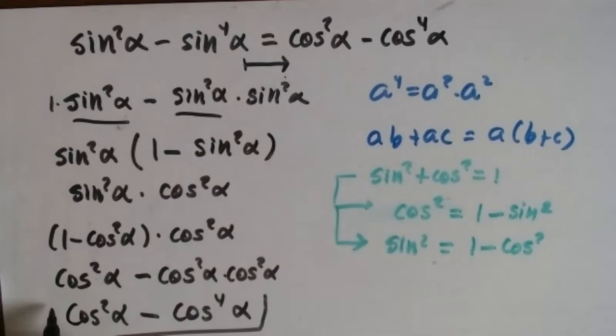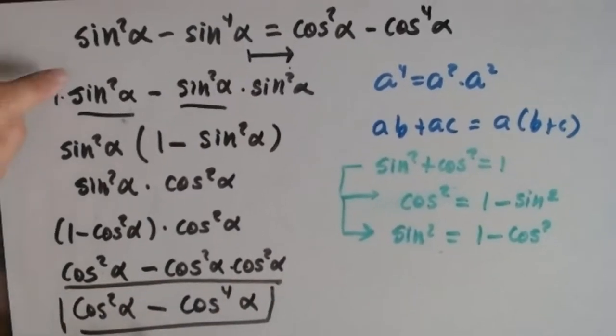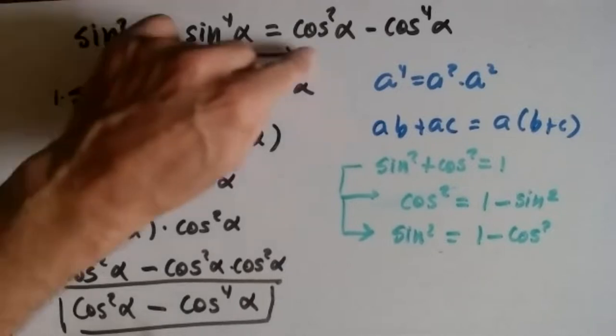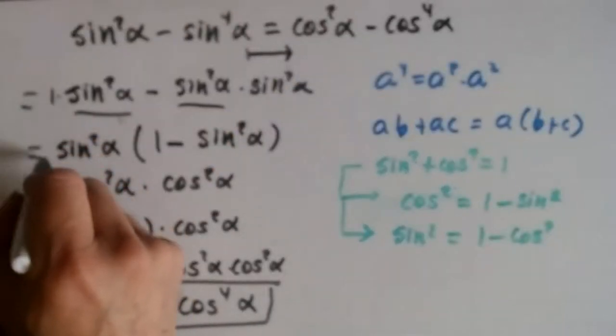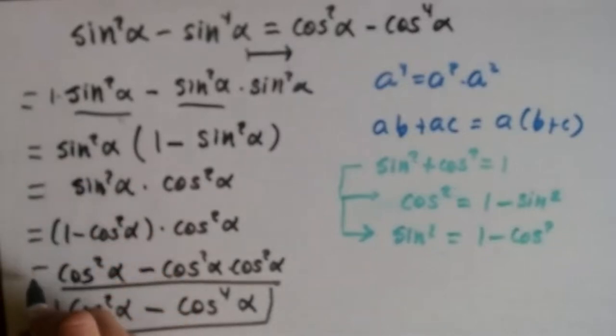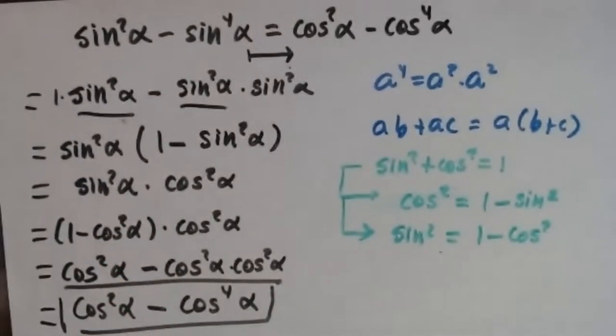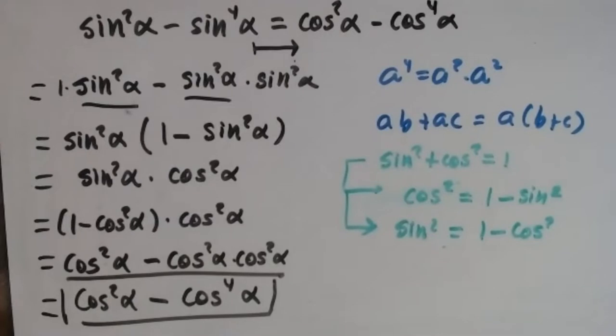And this is what you want to prove, that this expression is this one. So remember, I began, this is equal, equal, equal, equal. So it's an identity. That's the meaning of identity, it's the same. You see?